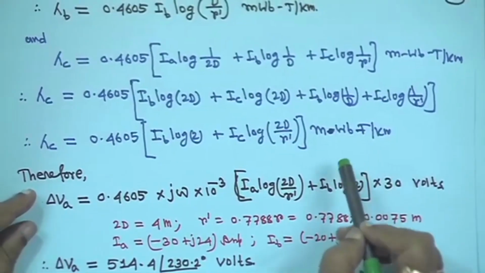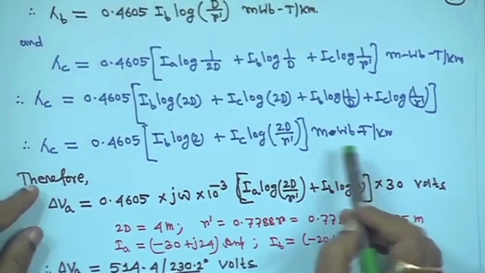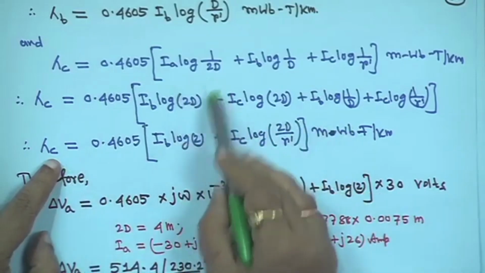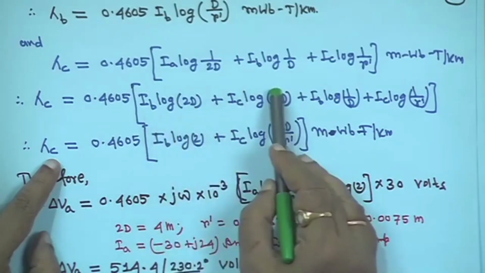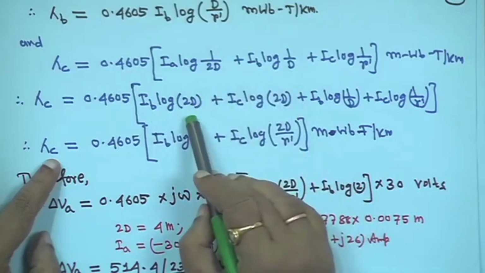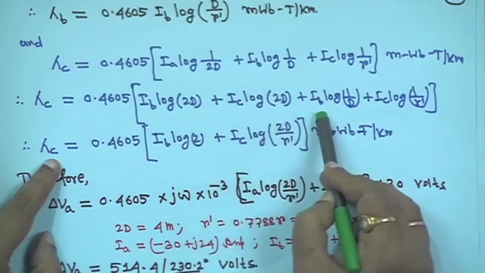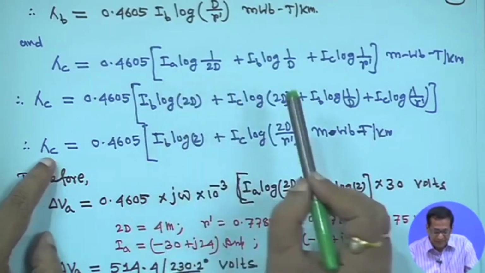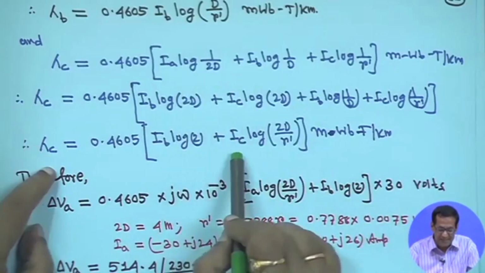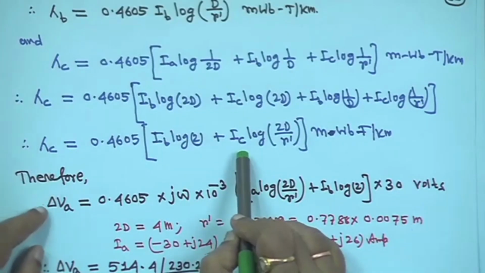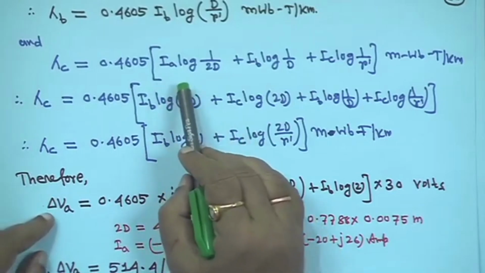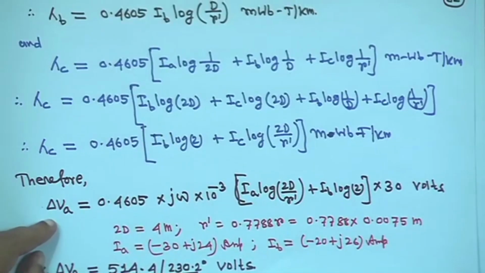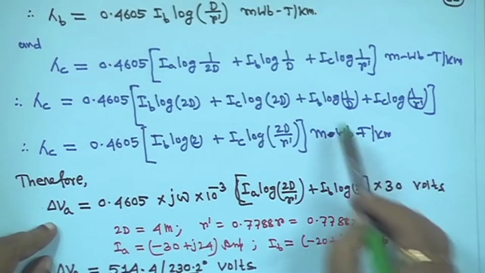In the case of lambda C, the expression has IA log 2d, IC log 2d and IB log 1 upon d. So in this case what we have done, we have eliminated IA actually, right. So in this case you eliminate the IA part and just simplify.